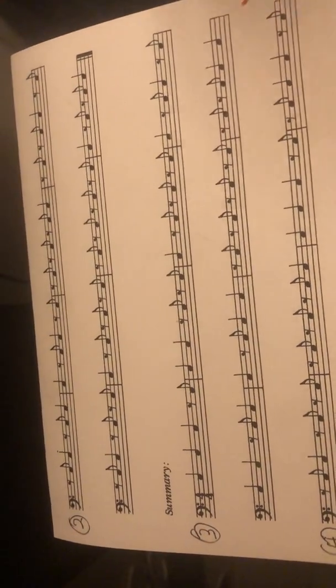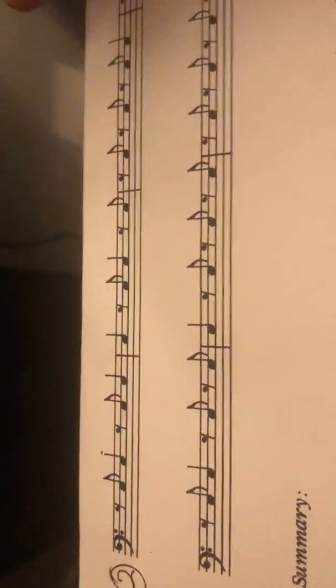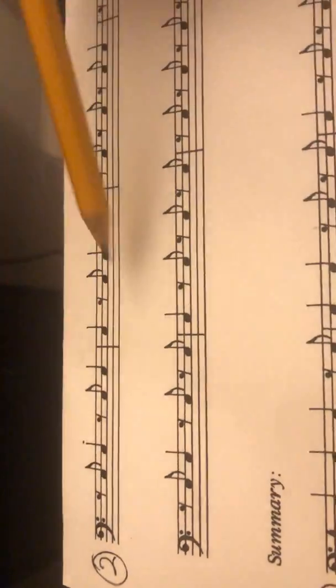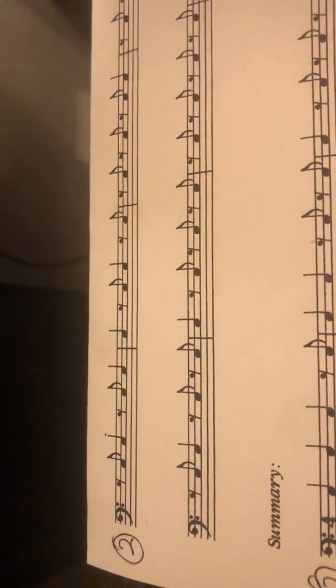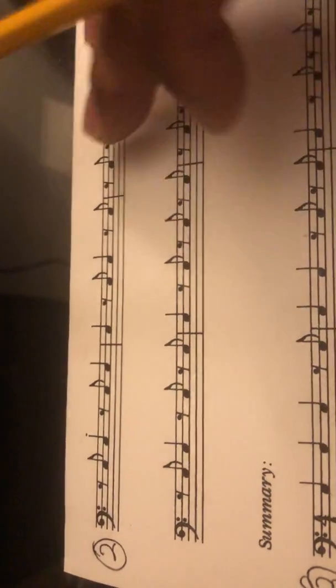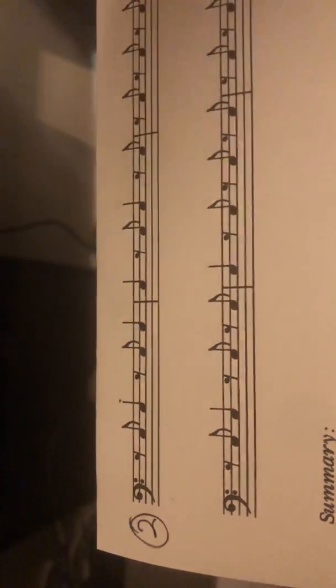We are only going to concentrate on these 2 measures in this example. The rest is your homework to do. And so we're going to start with measure 1 here.